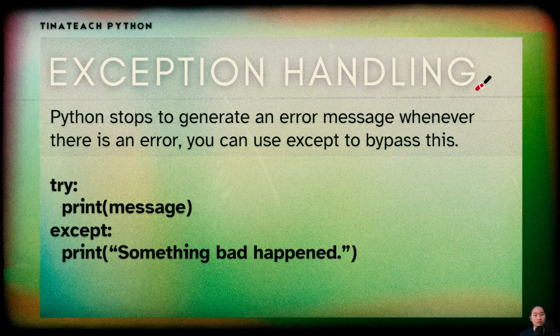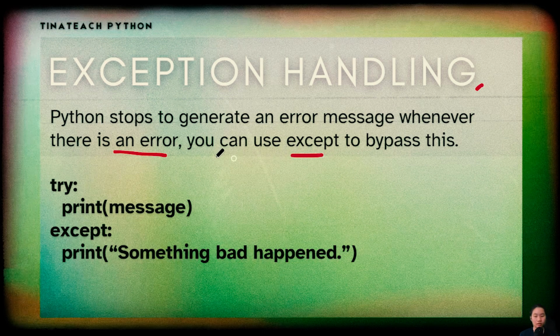However, you can use except to bypass this and give your own customized error message, so it's not a bunch of text that you have to decipher. This allows you to purposefully test for different types of error and gives you a clearer guideline on the type of error and how it happened.